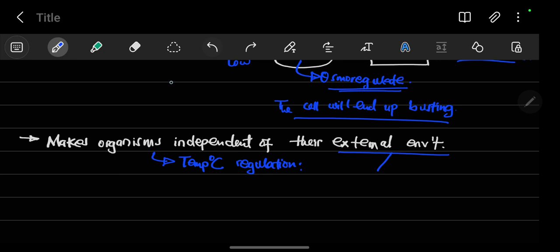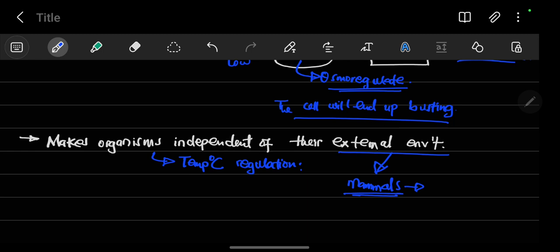We organisms, more so mammals, by the way, these ones are not limited in that they can regulate their internal temperatures constant, such that whether the external environment changes or remains constant, it doesn't affect them.